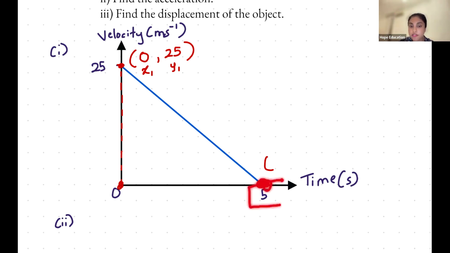So that is x2. Looking at the y-axis the y value is 0. So the y value of this point is 0. So x1, y1 are the x value and y value of the first point. x2, y2 are the x value and the y value of the second point. Is this clear to all of you? Can you give me a thumbs up if it's clear?